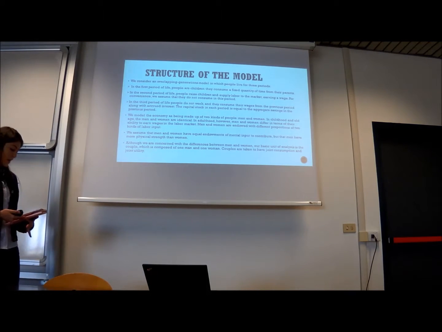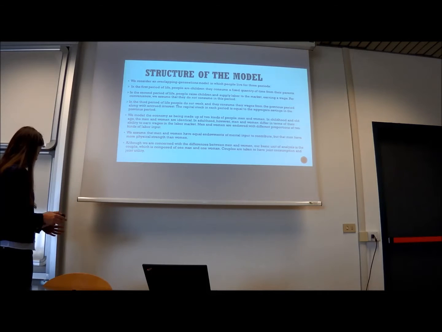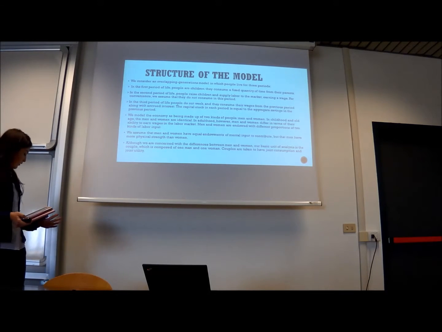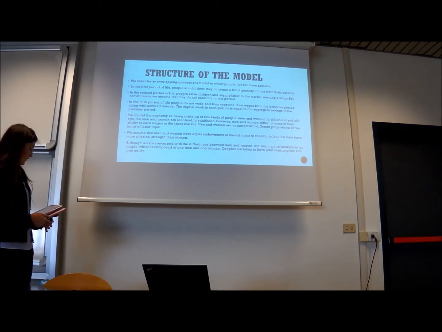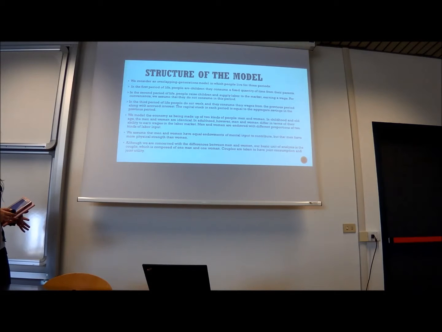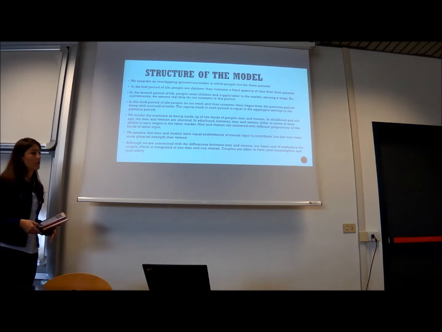We assume that men and women have equal endowments of mental inputs to contribute, but men have more physical strength. Although we are concerned with the differences between them, our basic unit of analysis is the couple, which is composed of 1 man and 1 woman. Couples are taken to have joint consumption and joint utility.